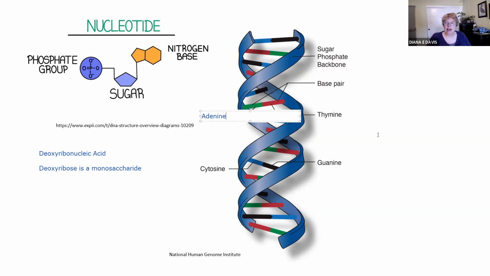So let me add that there. There's adenine, thymine, cytosine, and guanine. Generally, when we start talking genetics, we will abbreviate these A, T, C, and G.